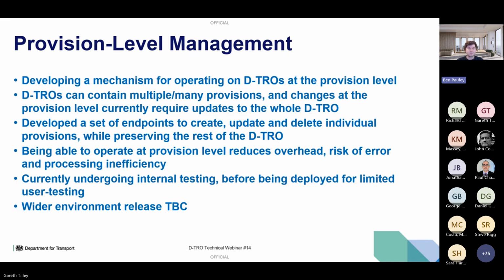You just send the provision that you're creating, updating, or deleting. It reduces overhead, reduces the risk of errors, and reduces a lot of processing inefficiency. I'm sure you can imagine that making a small amendment to an existing provision and having to send the whole D-TRO through is quite inefficient, with a lot of processing overhead.